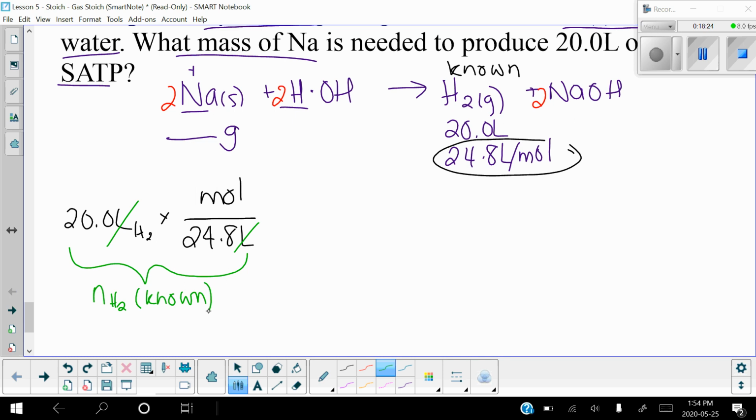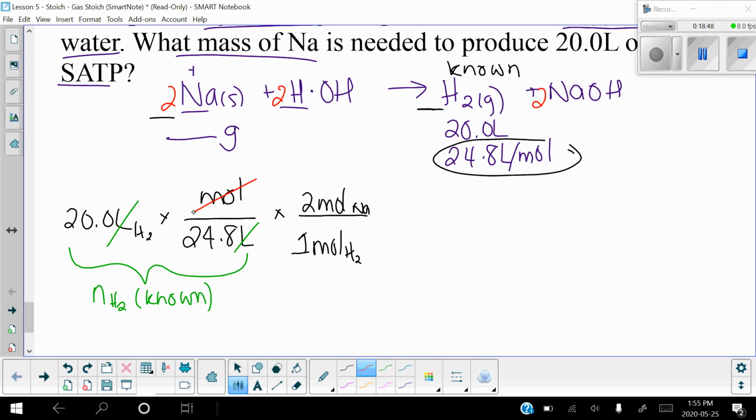Once we have reached the known moles, we can then use molar ratio. I am going to divide by 1 mole of hydrogen gas, and we're looking for sodium, so I'm going to multiply by 2 moles of sodium.